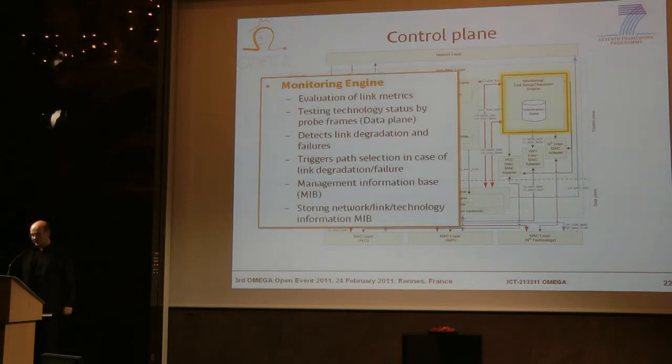There's the monitoring engine, which evaluates the link metrics which come from below, so from technology-dependent InterMAC adapters, which represent the technologies within the InterMAC. It detects link degradation and failures, and it triggers the path selection in case of link degradation or failure. And of course, it maintains the management information base, which is stored in the management plane.